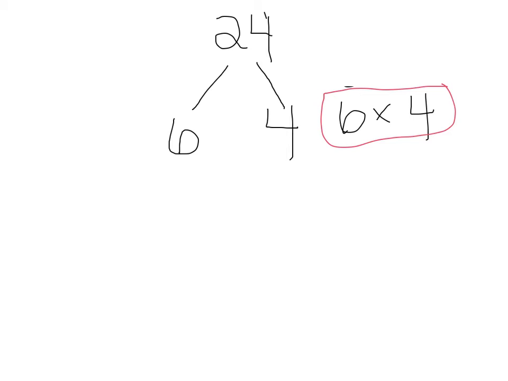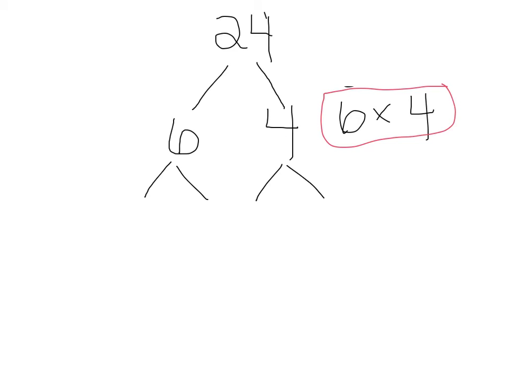Since they're both not prime numbers, I'm going to put 2 branches underneath each one. That means I've got to keep going. I'm going to keep multiplying to find some numbers until they're prime.